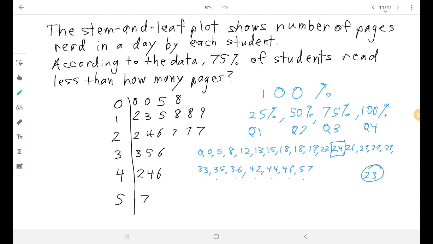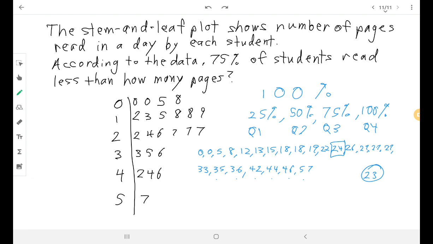Okay? Now I'm interested in, am I interested in my Q3 or my Q1? Let's reread the problem. According to the data, 75% of students read less than how many pages? So 75% would be all of this here. So I want to find Q3, but then I want to really think about everything to the left of Q3.